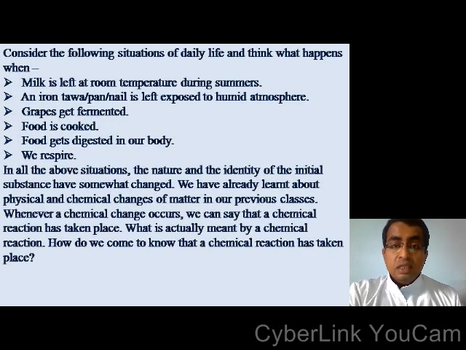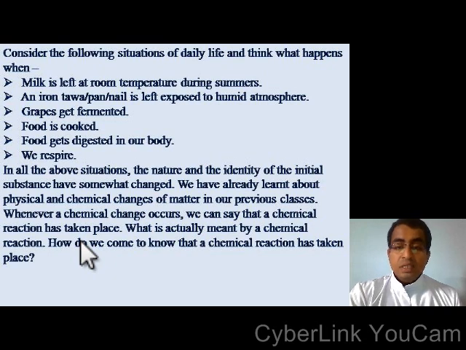Consider the following situations of our daily life and think what happens when milk is left at room temperature during summers, an iron tawa or pan or nail is left exposed to humid atmosphere, grapes get fermented, food is cooked, food gets digested in our body, we respire.